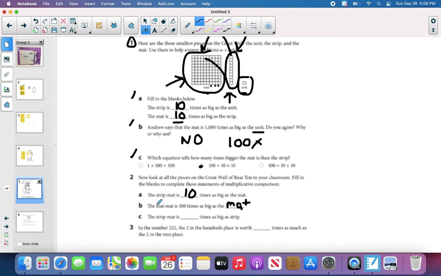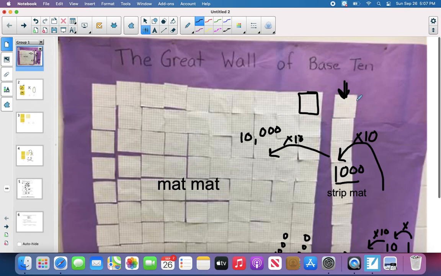So think about that. Click pause. You should have said 100. It takes 100 strips to make a strip mat, which makes sense because there's a strip, a strip, a strip. There's 10 strips here. 10 times 10 is 100. This is worth 100, but there's 100 strips.